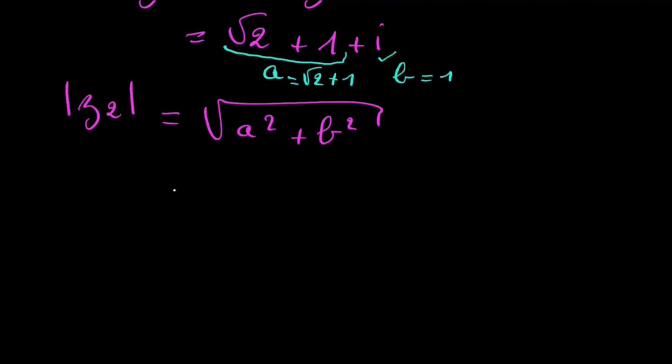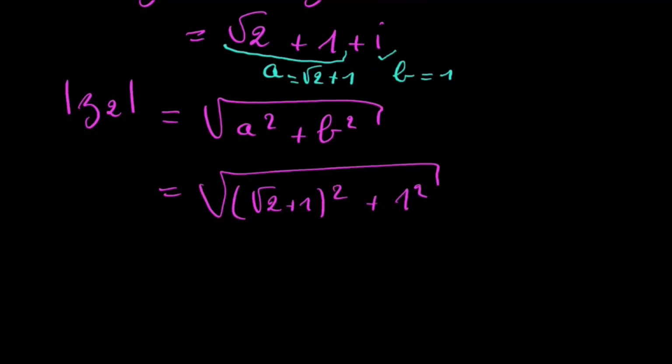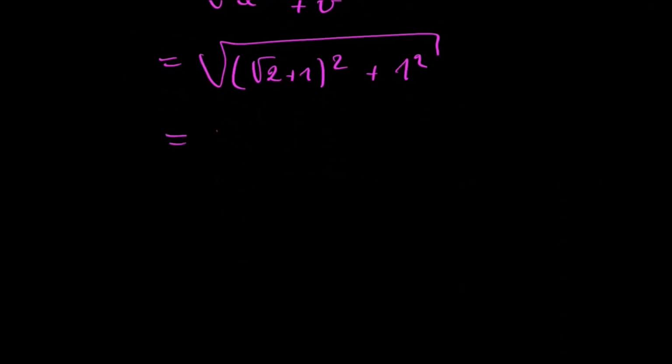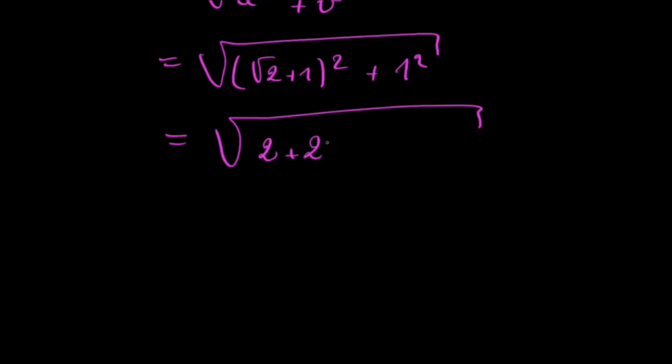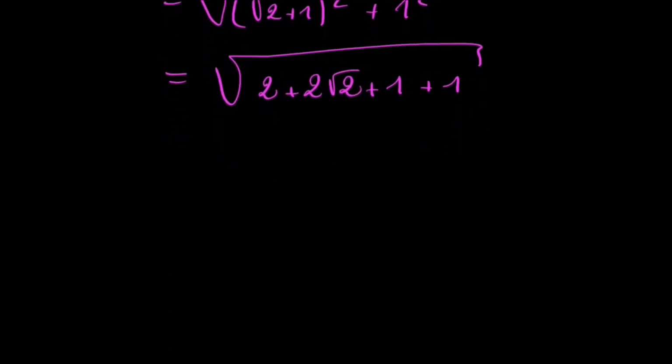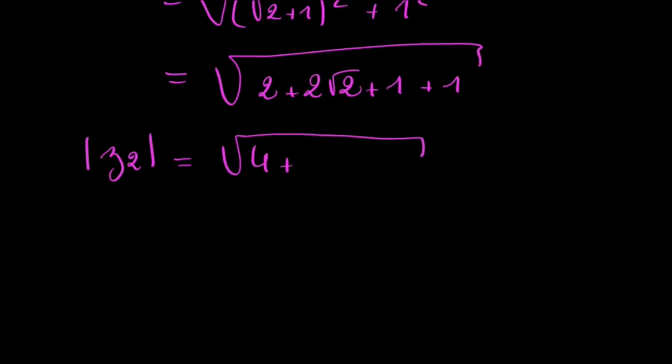So here we have the square root of (square root of 2 plus 1) squared plus 1 squared. It equals the square root of 2 plus 2 root 2 plus 1 plus 1. And then we found that the modulus of z2 equals the square root of 4 plus 2 root 2.